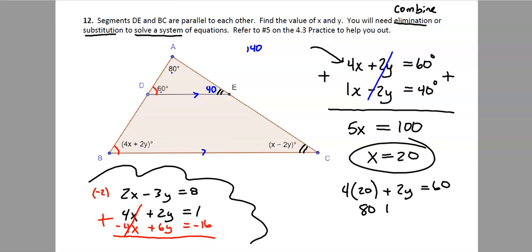So that's 80 plus 2y is 60. Minus 80 from both sides. Get negative 20. And divide. And we get y equals negative 10. So those are my answers. x equals 20 and y equals negative 10. I do believe if you plug those in, everything will check out and life will be good.